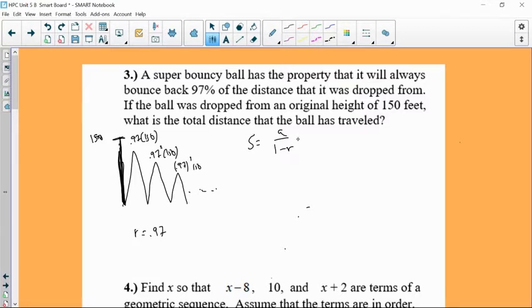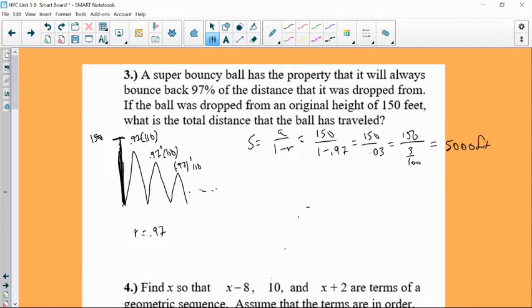And so our first term is 150, and then we do 1 minus 0.97, which is 0.03, which is 3/100ths. So 150 divided by 3/100ths. Doing this by calculator, 3 goes into 150 50 times, but then we're multiplying that by 100, so it's really going to be 5,000 feet.